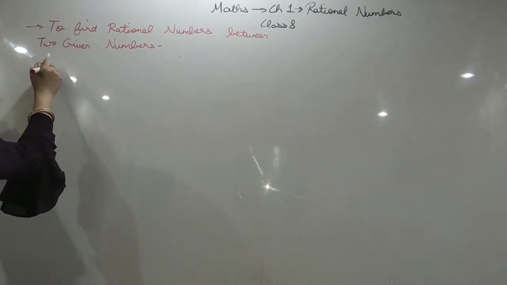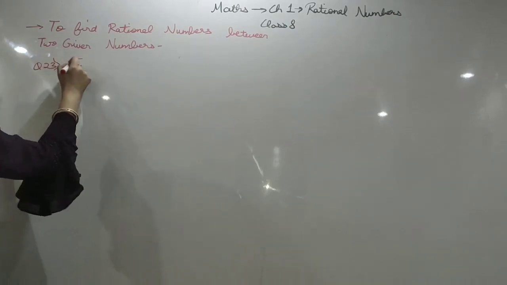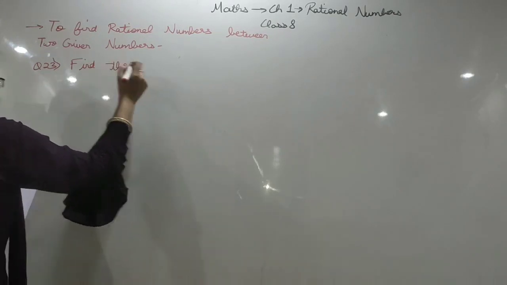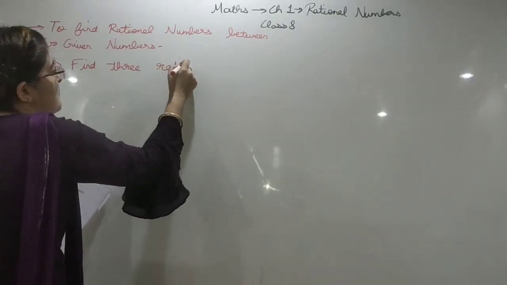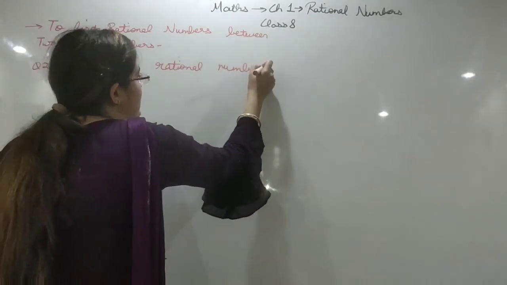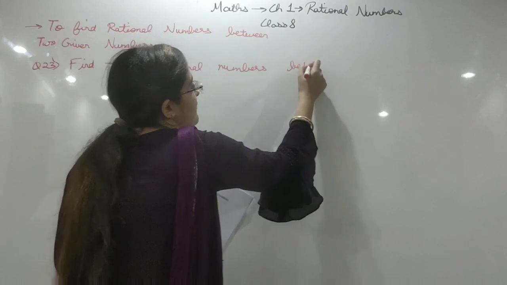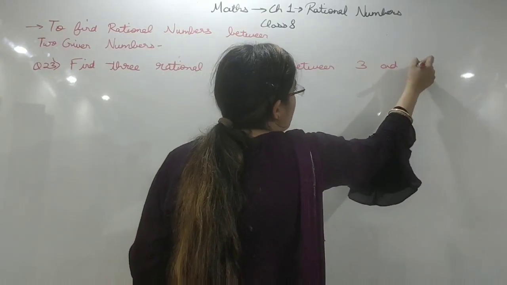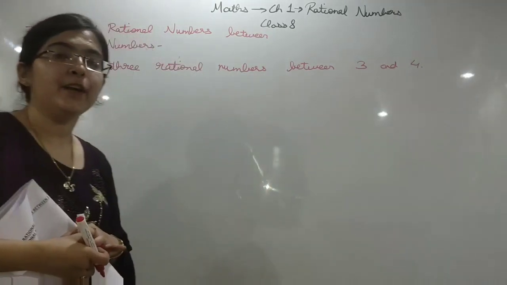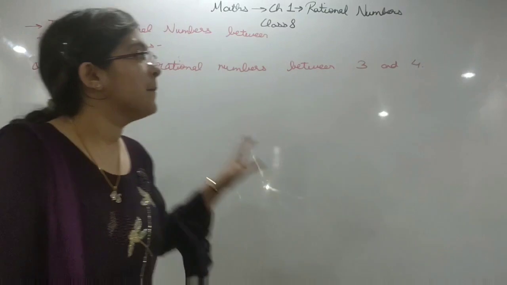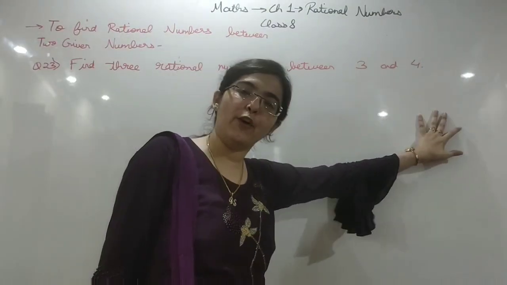It is: find three rational numbers between 3 and 4. You have to find three rational numbers between 3 and 4.